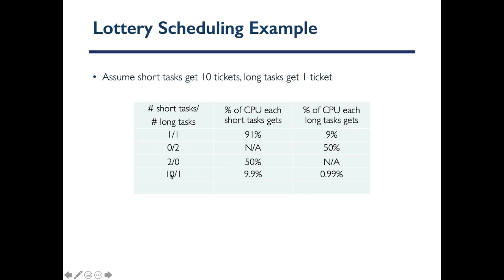If you have 10 short tasks and 1 long task, each short task is going to get 9.9%. But then, as you can see, the long task is going to get almost 1/10 of what each one of the short tasks is getting.